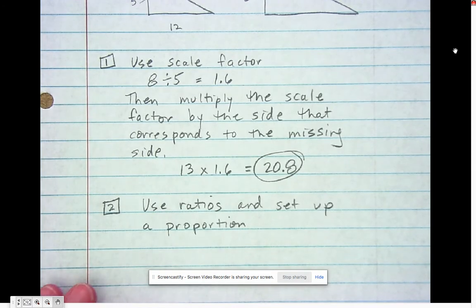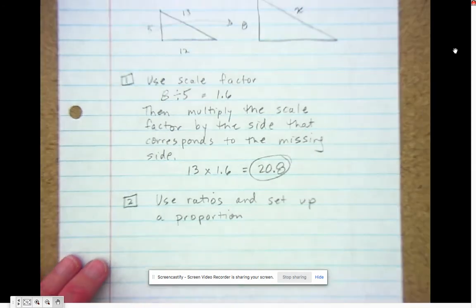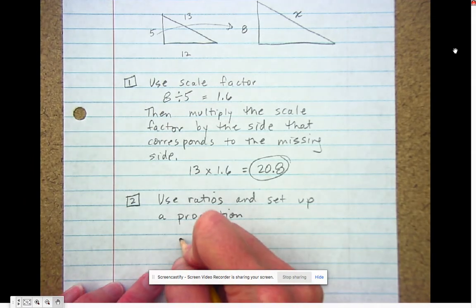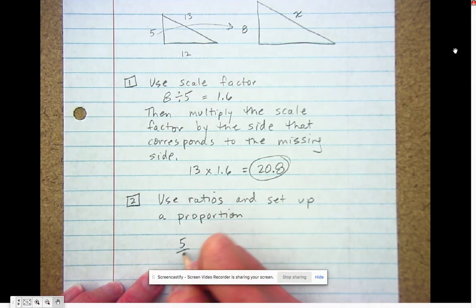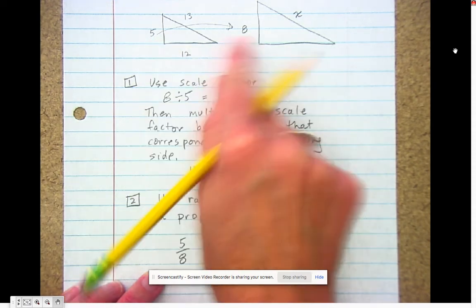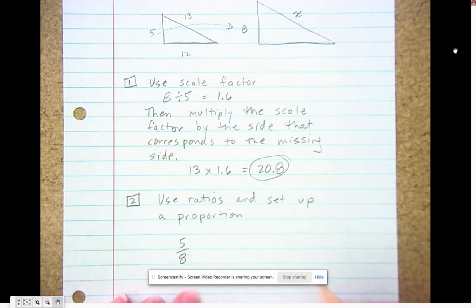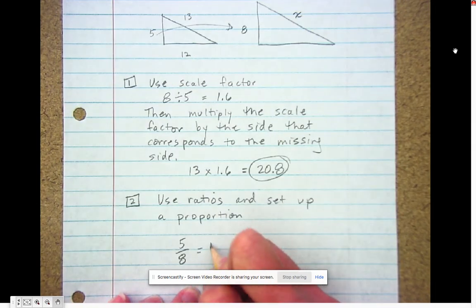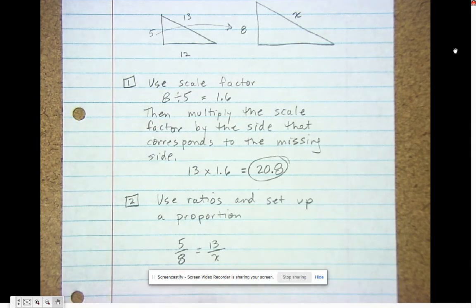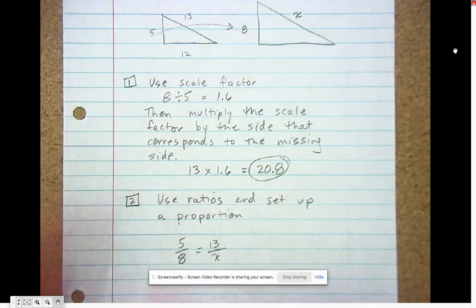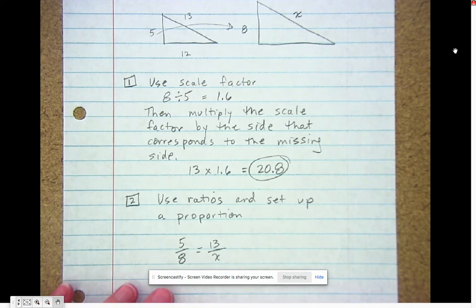Looking at my numbers again, 5 corresponds to 8. So we write the ratio of short side to short side, and I'm missing these, so I write the ratio of 13 to x. Those ratios should stay the same, just like the previous notes that we saw. So all I have to do is figure out what x is.